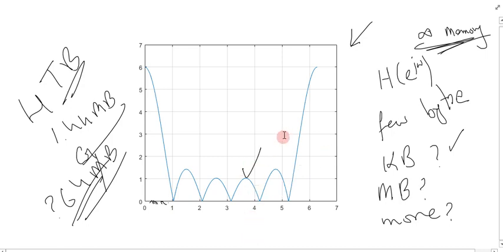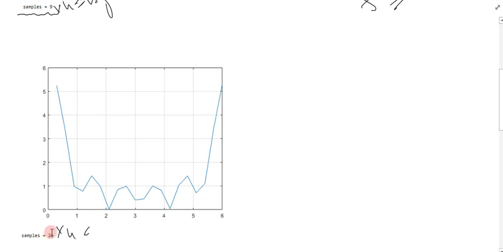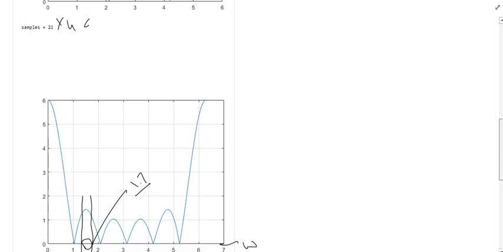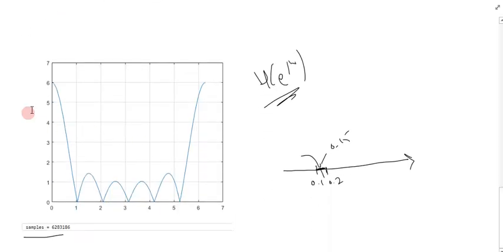What MATLAB does is it takes samples and it joins those samples. Here you have only 21 samples. MATLAB tried to join them, but it is not even close to your original spectrum. So if you increase the number of samples, you say your spectrum is close to continuous time spectrum, but still it has this much samples.